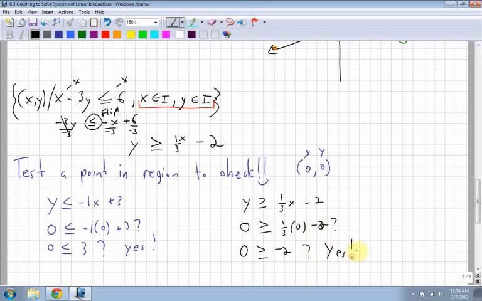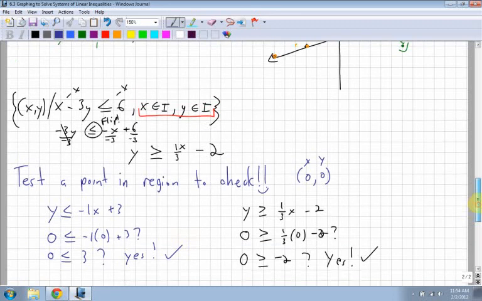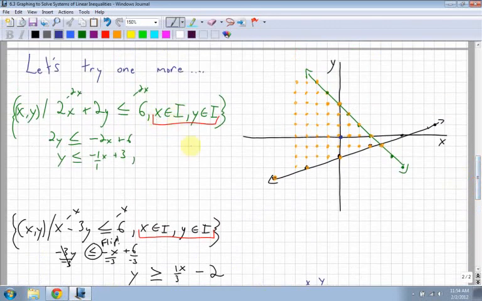Yes. Therefore, that checks out. Both of them check out. Therefore, I know that I've shaded in the right spot. Keep in mind that it was x is an integer, y is an integer, so that means that I only do integers, which are only points, so I don't shade the region, I just have dots.